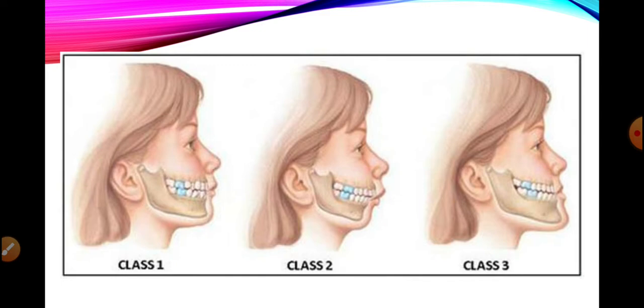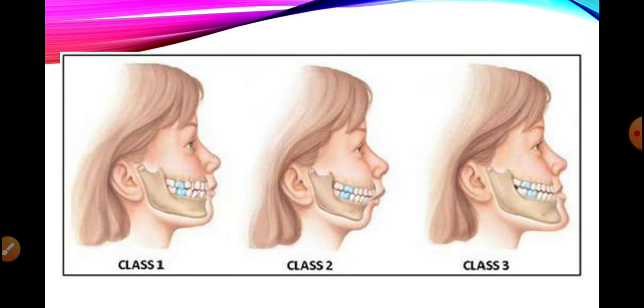We'll be classifying it Class 1, Class 2, Class 3 on the basis of dentition. That is the difference. Now, there are two different schools of thought according to which the dentition is classified into Class 1, Class 2 and Class 3.